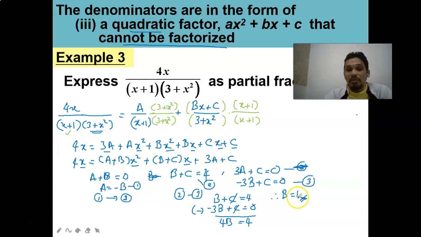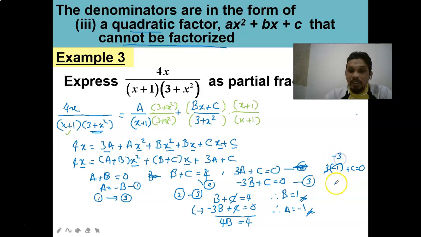From B equals 1, let's use equation 1 where B equals 1 and A equals negative B. So A equals negative 1. Then 3A + C equals 0. Substituting A equals negative 1, 3 times negative 1 plus C equals 0.